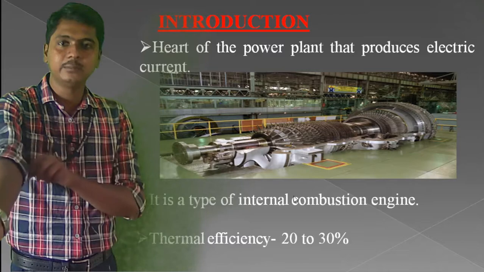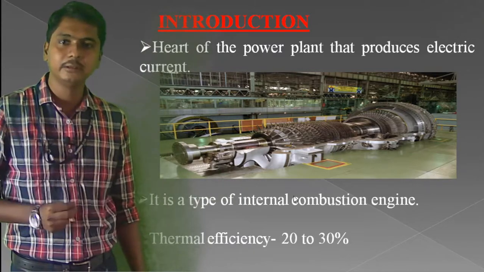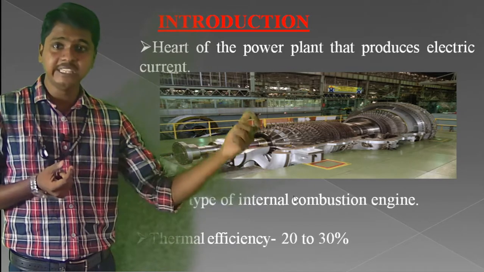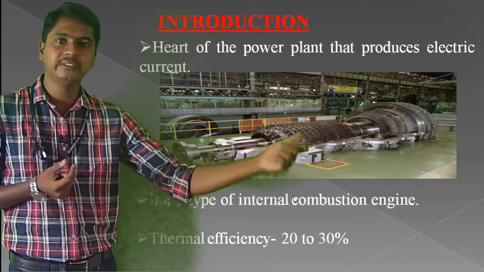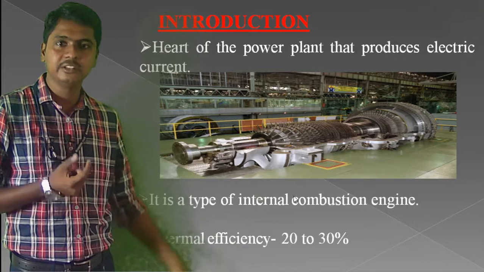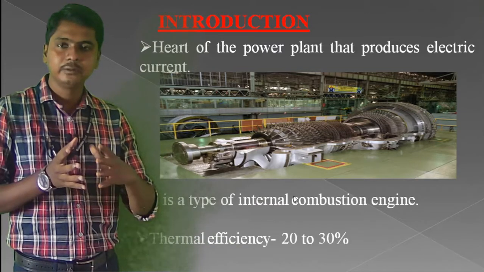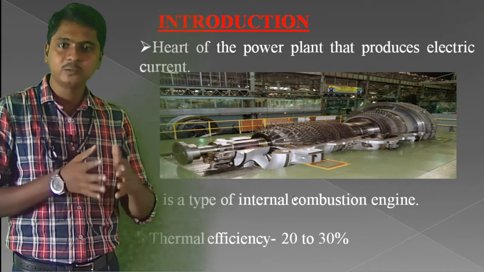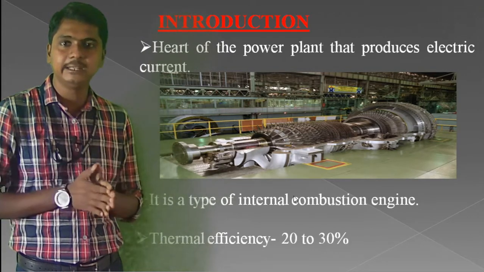What do you mean by internal combustion engine? Two types of engines are there. One is the IC engine, or internal combustion engine. The other is the EC engine, external combustion engine. Internal combustion engine means the combustion of air and fuel takes place inside the engine cylinder.